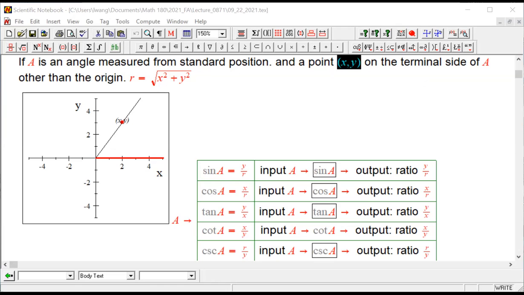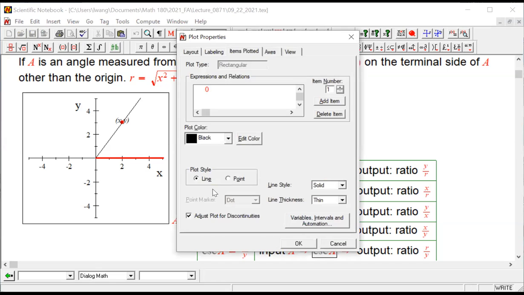How does this definition lead to a unit circle? Anybody could answer that question?